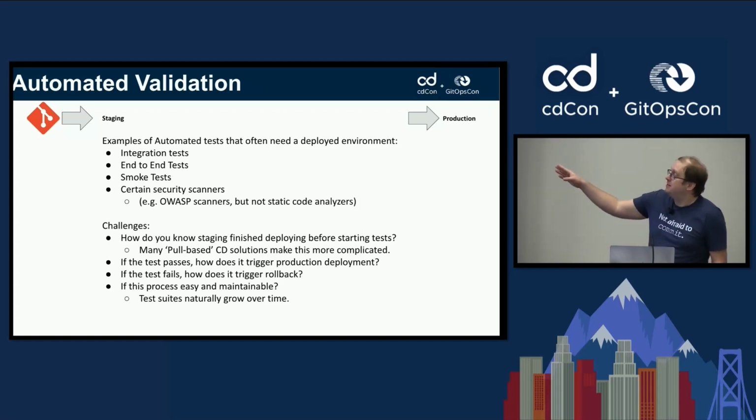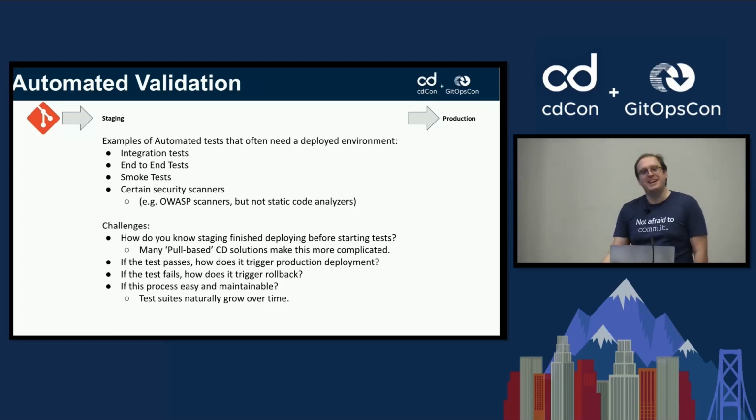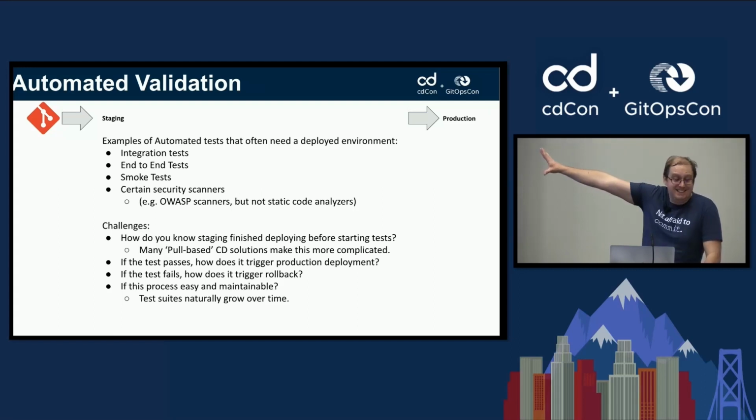Some of the push-based systems, you're having to go and monitor and wait for that deployment to finish, polling constantly. GitHub Actions, if anyone's using it, charges you by the minute of execution time. You don't really want to be polling and waiting. So make sure that not only can it tell, but it can tell in a way that's reasonable and not going to cost you an arm and a leg.